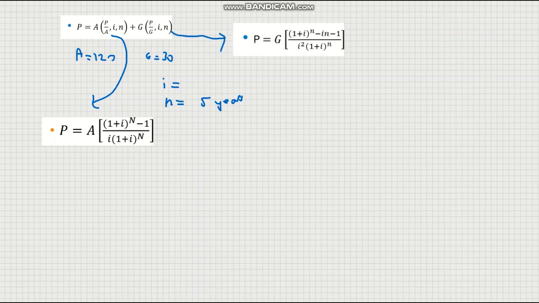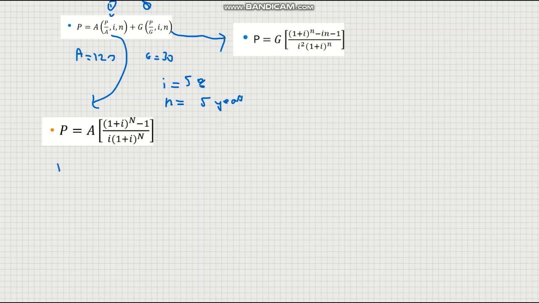Okay, the interest rate is 5%. All right, in order to find the first parameter and second parameter, for the first value we need to use this formula.